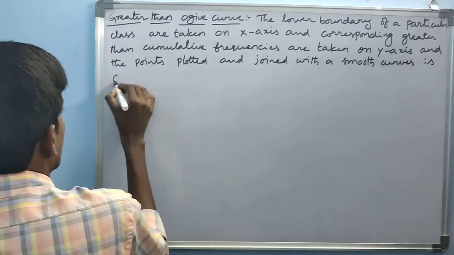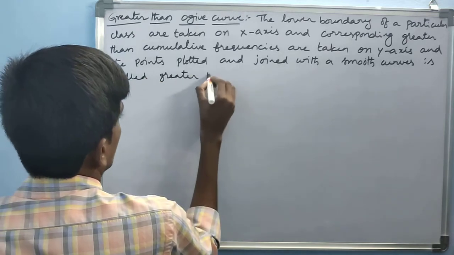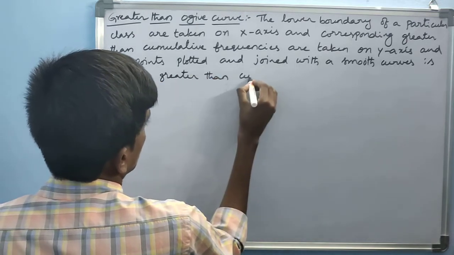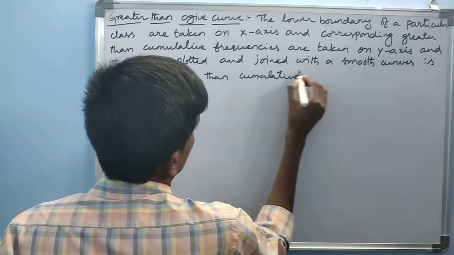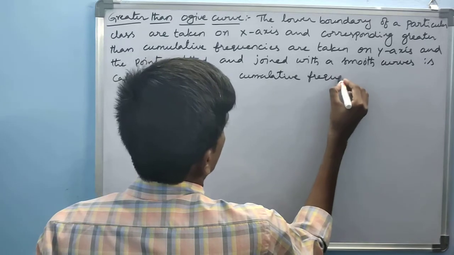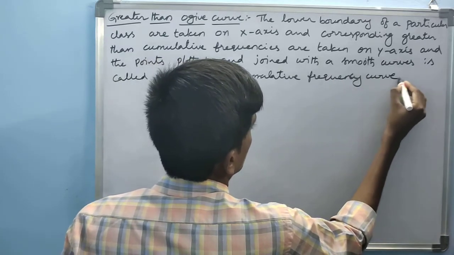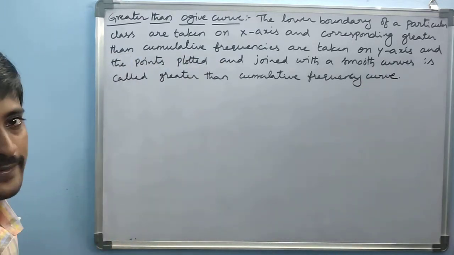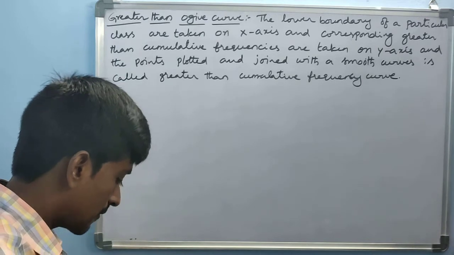This is called the greater than cumulative frequency curve, or greater than ogive curve, or more than type ogive curve.